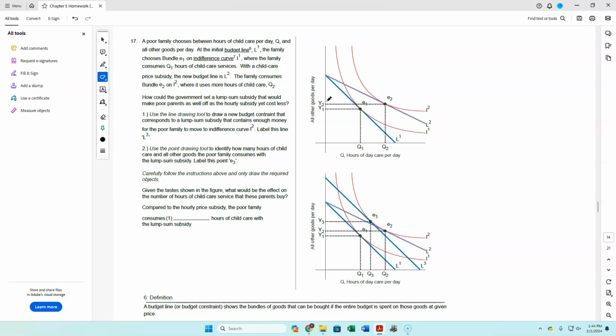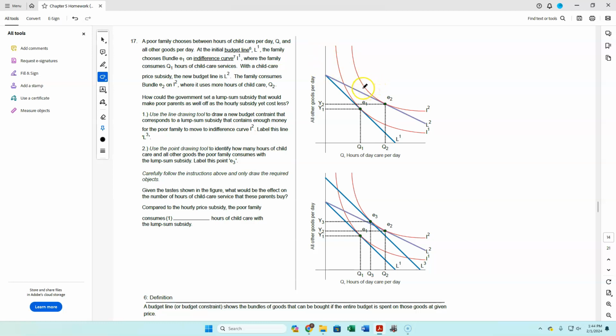What we would see here, you can kind of see this in the graph here, is that the subsidy is going to partly go. They're still going to buy childcare, but they're also going to buy the other goods.